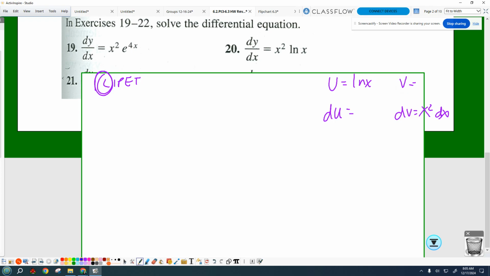And the reason is UV minus the integral of VDU: the derivative of natural log and the integral of dV have this neat thing that the x in the denominator and the x in that other polynomial cancel.